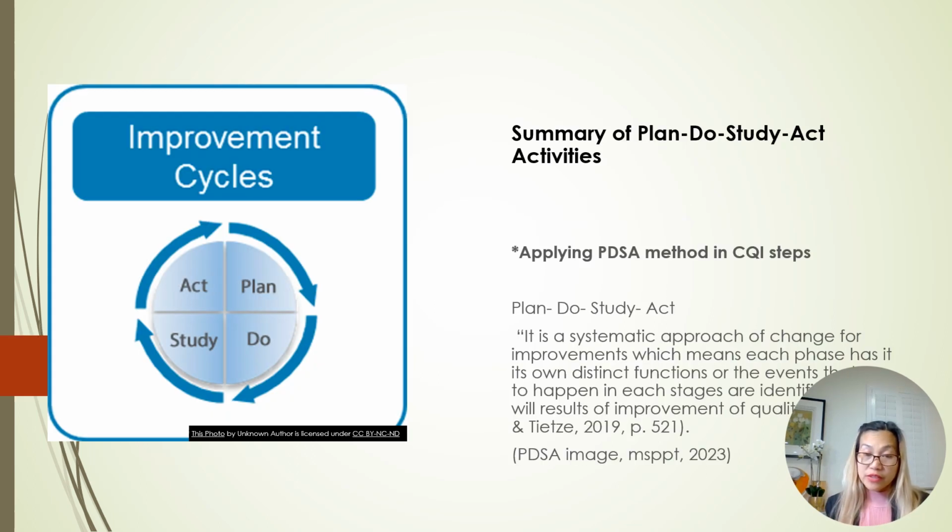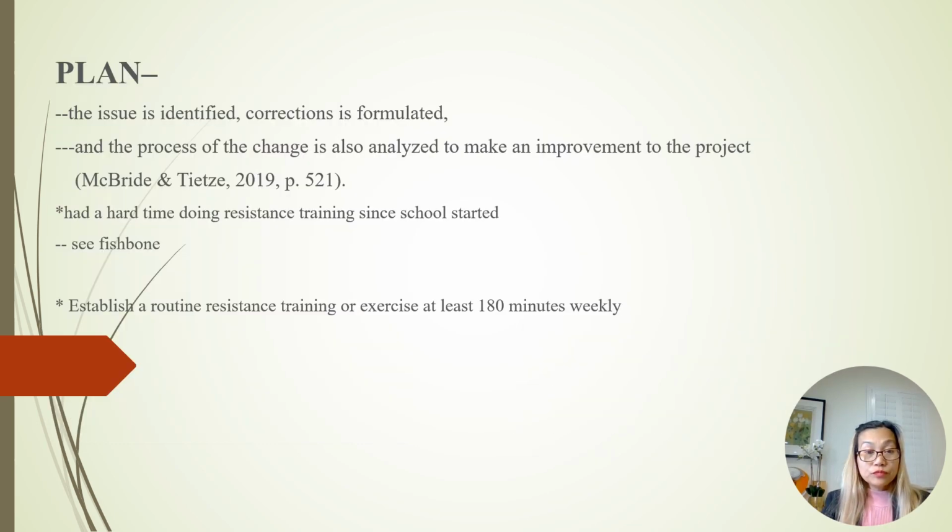We're going to integrate the CQI steps into the PDSA cycle. Again, PDSA is a systematic approach to change for improvement, which means each phase has its own distinct function. They're relevant to happen, which results in improvement in quality. Let's start with the plan.